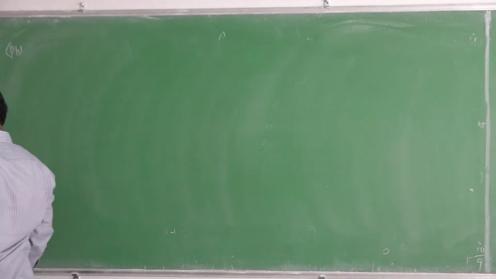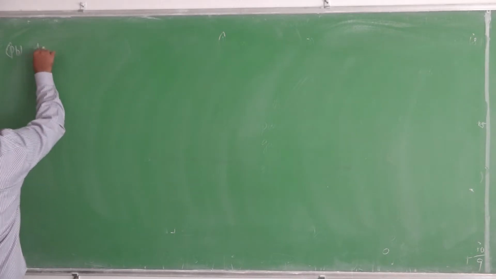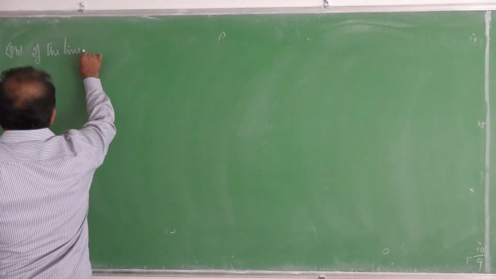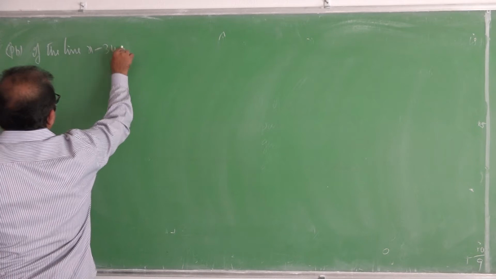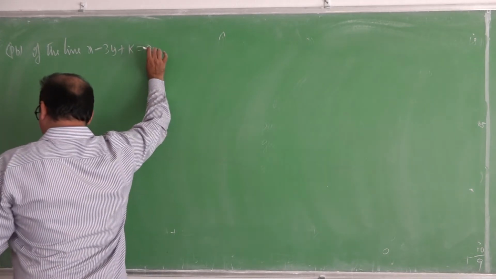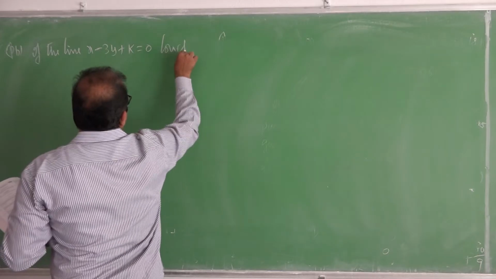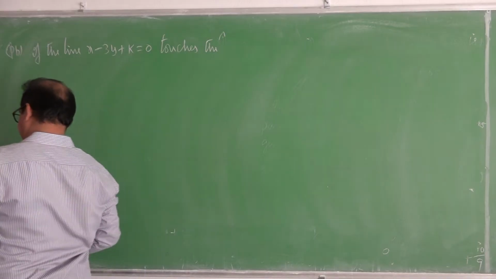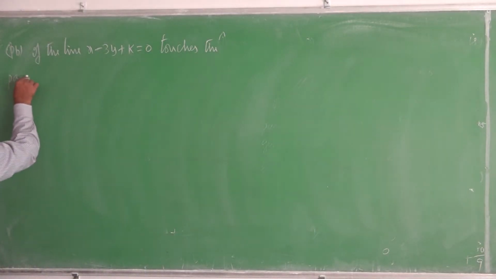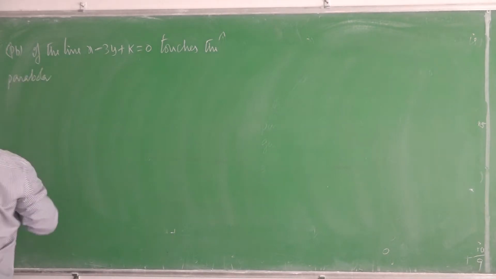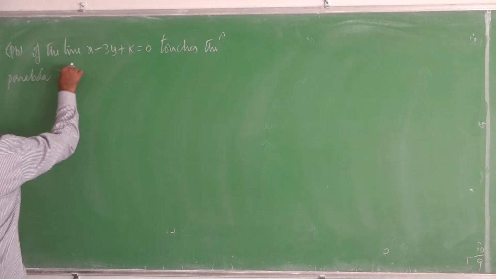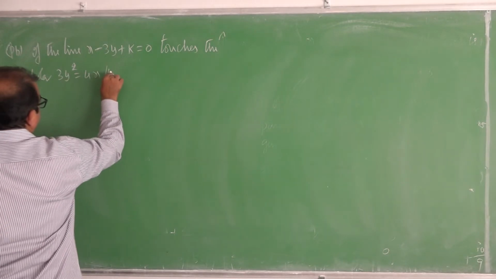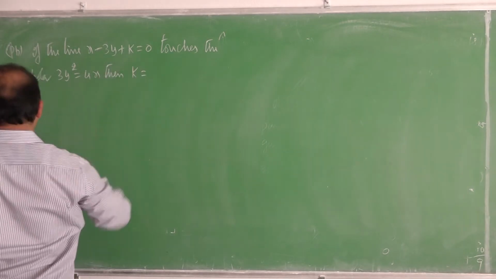If the line x minus 3y plus k is equal to 0 touches the parabola 3y square is equal to 4x, then k is equal to.